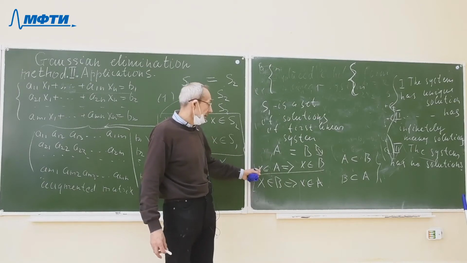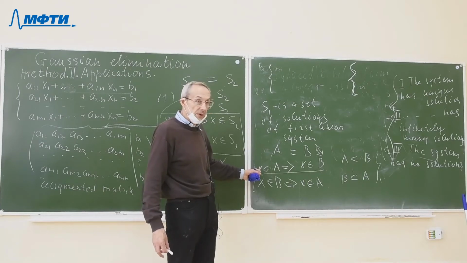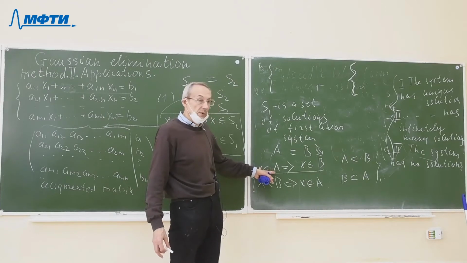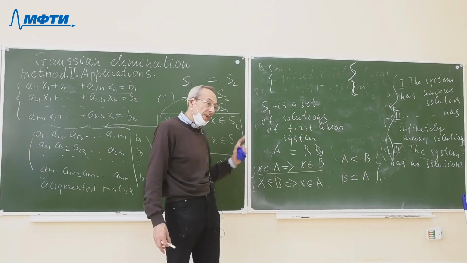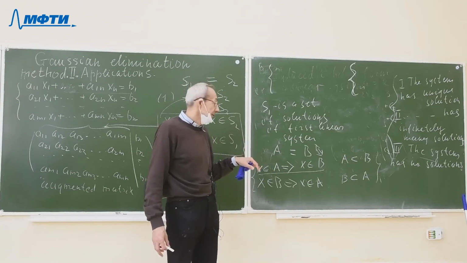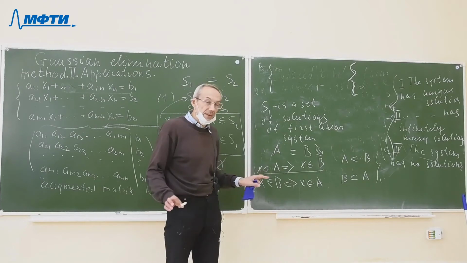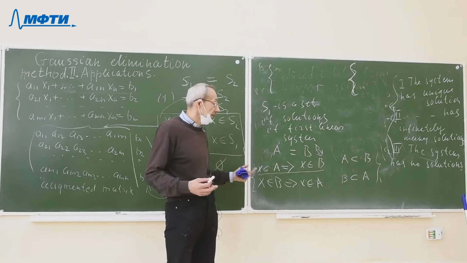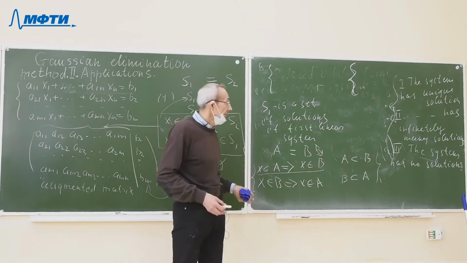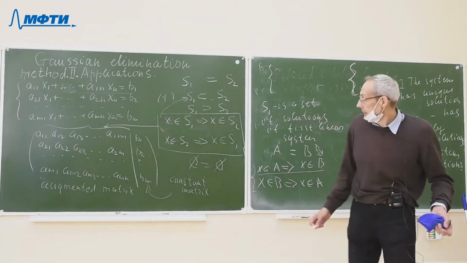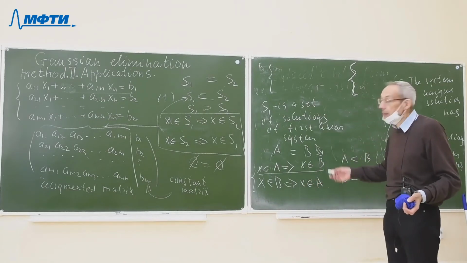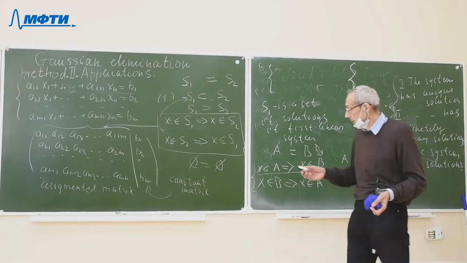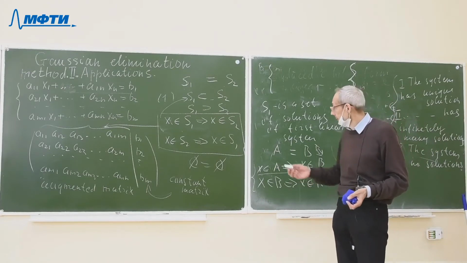Here we have a false assertion: we have no element which belongs to A. But from a false assertion follows any assertion, and this implication is true. And this is the logical basis for our definition and for our reasoning.